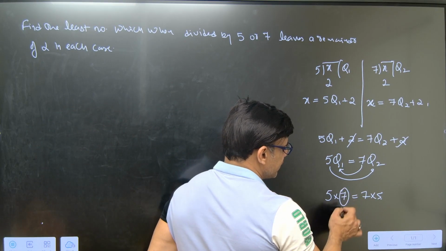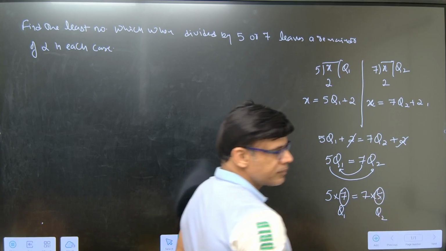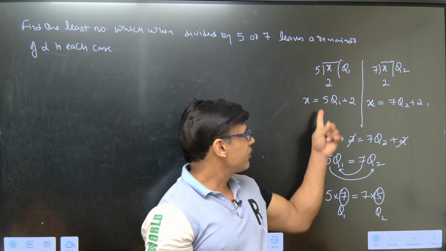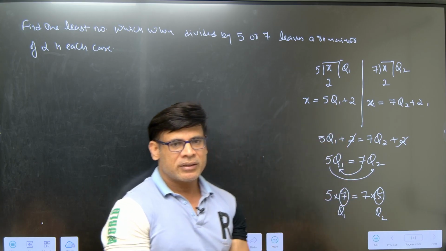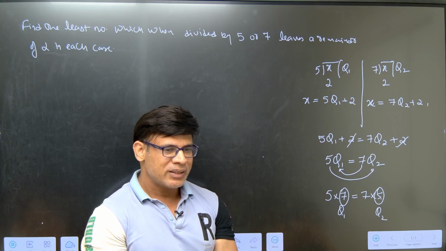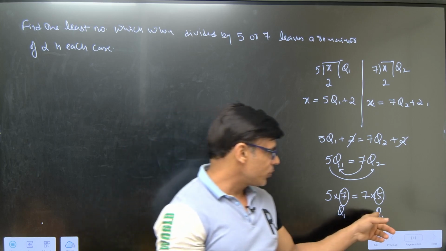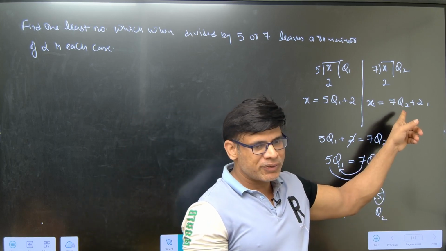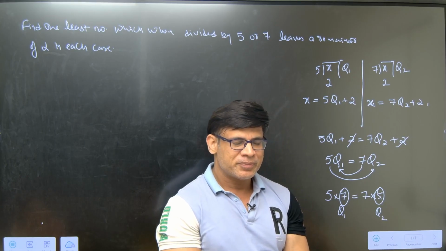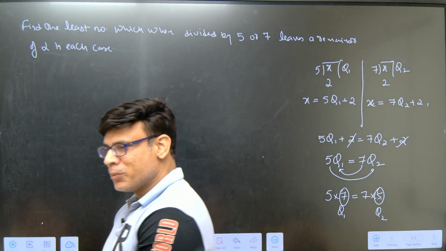So what will be the number if you put q1 equal to 7? 5 sevens are 35, plus 2, 37. 37 should be your first number. Or else put q2 equal to 5: 7 fives are 35, plus 2, 37. Now divide 37 with 5 as well as 7. Are you getting 2 as your remainder?